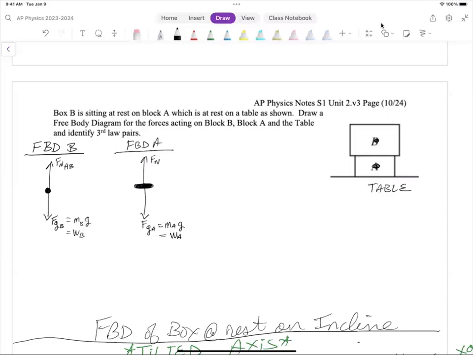That's the table acting on A, is it not? What else do I have acting on it? Well, B is on top of A, so B better be putting a force on A. So sure enough, I have a force from B on A.